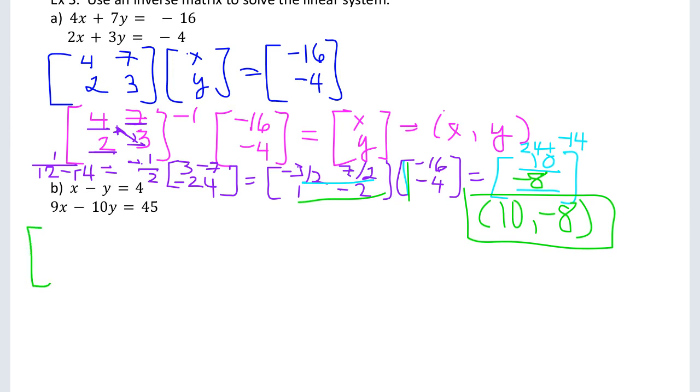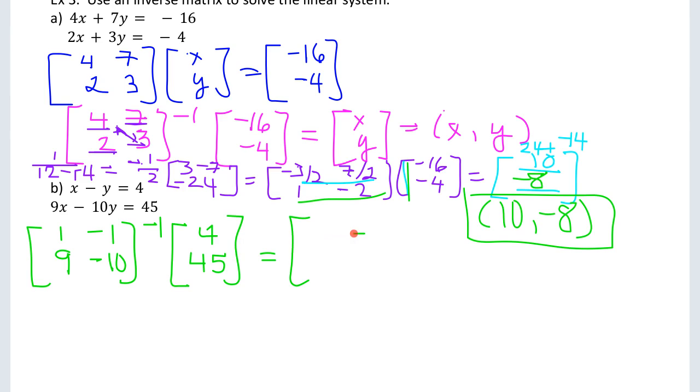We have this one. We're going to have 1, negative 1, 9, negative 10. Find the inverse, and then we're going to multiply it by the constant matrix. 4, 45. And then that's going to give us the values of x and y. So then we have 1 over a times d, negative 10, minus b times c is negative 9.